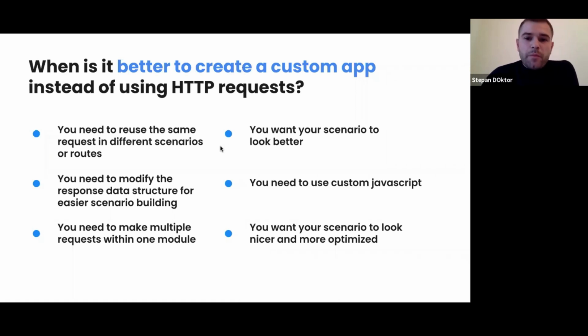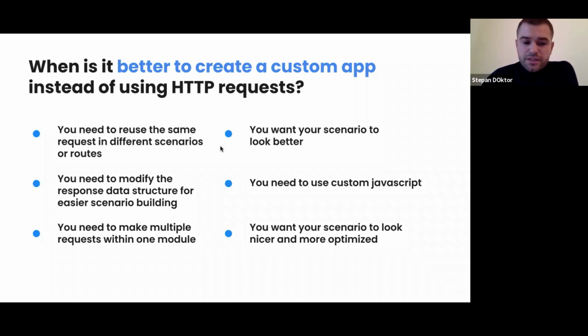You can do something if you add a modificator after that module, but you can't do everything. In this case, a custom app also helps you, because using custom apps you can not only make that HTTP request, but also do really different interesting things with the output. Then sometimes you just need some custom JSON or JavaScript, as I already told you.